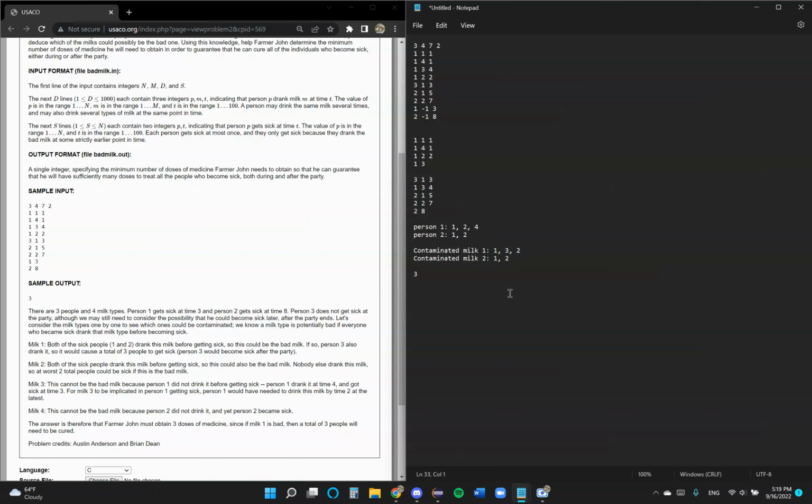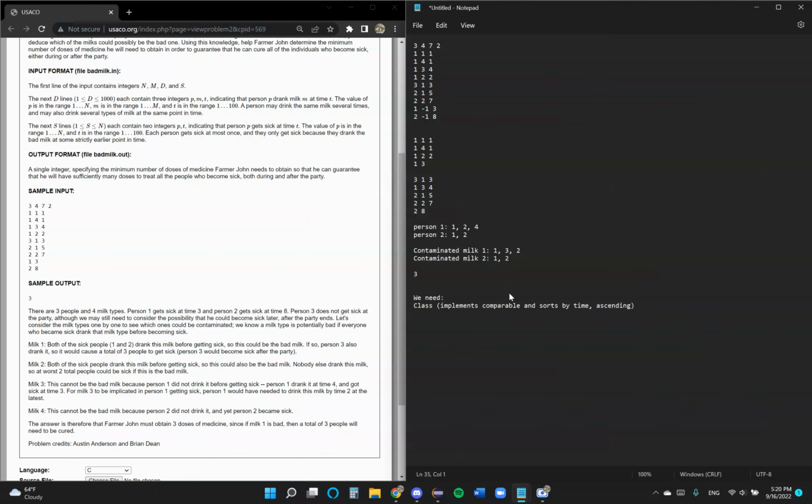So we're going to need a class that implements comparable and sorts it by time. It's going to be ascending.